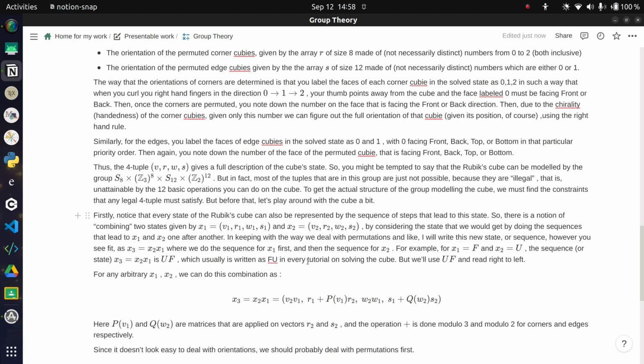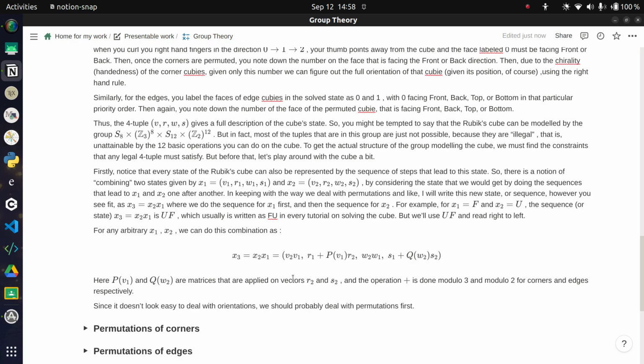For the orientations, it's slightly more complicated, because whatever happens on the second move that you're doing is dependent on what the first move did, how it permuted the corners. You have to know that to get the effect of doing R2, some orientation change on the corners in this state, which is not solved anymore. That's why we have this P of V1 thing, which is, by the way, a matrix. I'm not going to go too deep into that, because it's mostly useless. We never actually deal with the second and fourth thing at all.